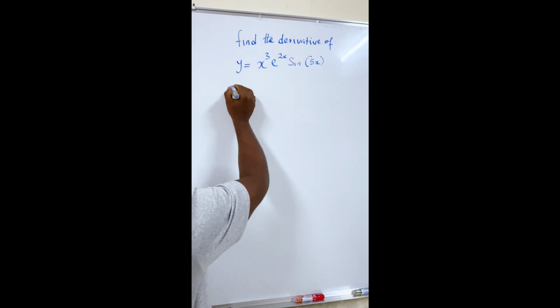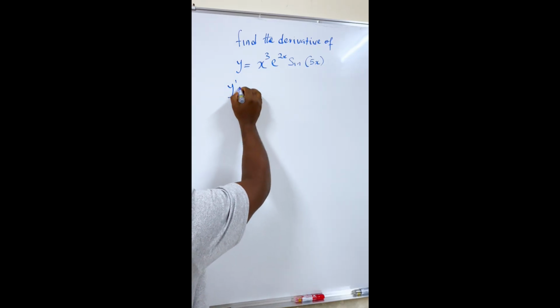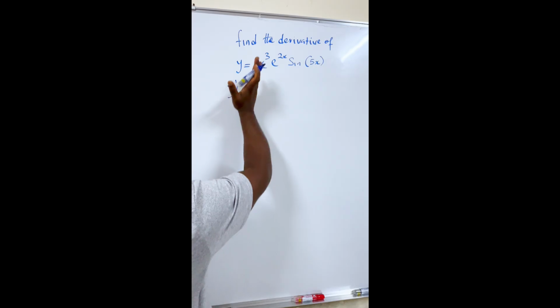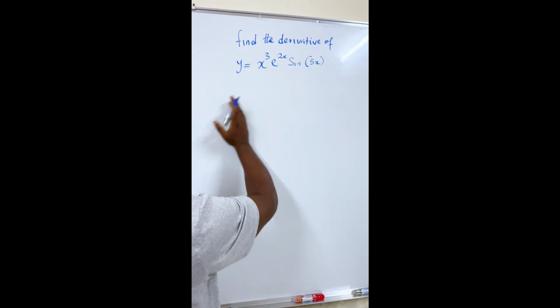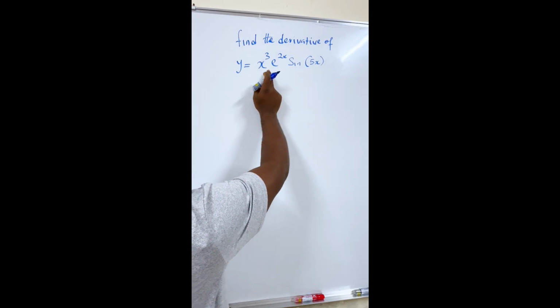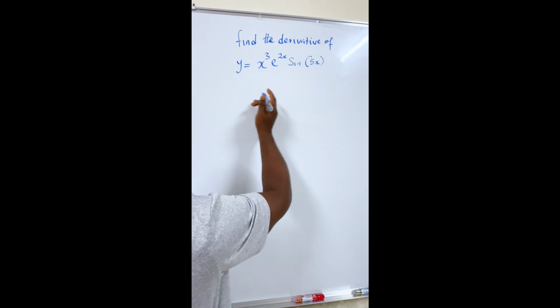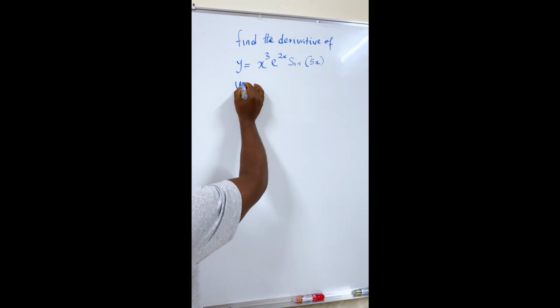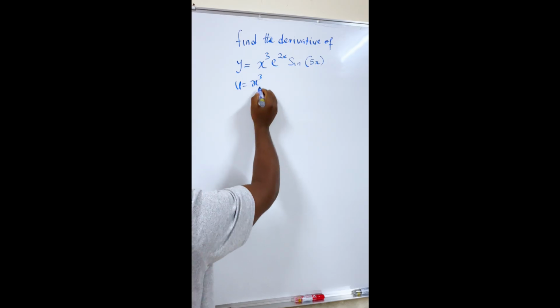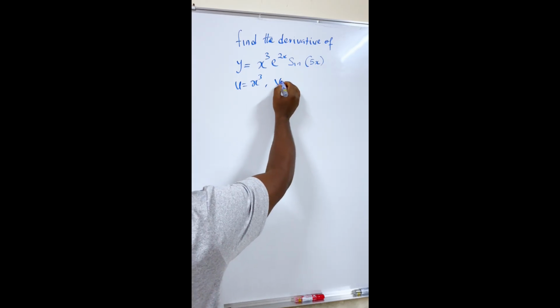So we now say y prime. Okay, let me put this in. So what you are going to do is find the derivative of each of these functions. So let's say u equals x cubed.